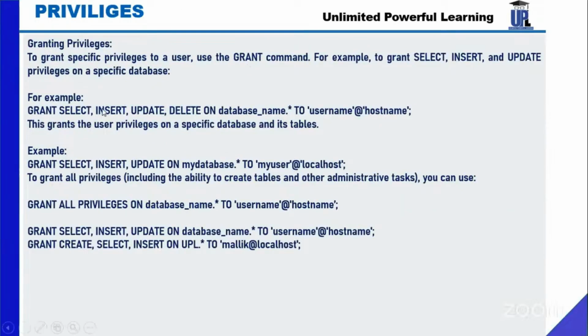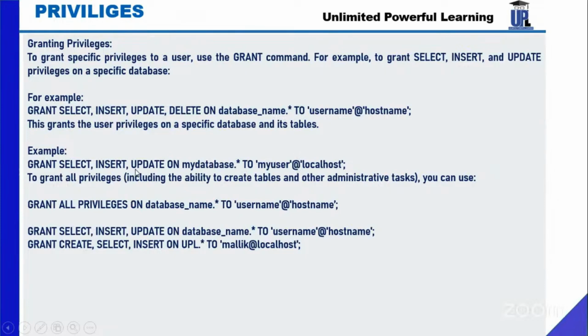Similarly, directly I can say grant select, insert, update, delete on which database to which username. For example, select, insert, update on my database, with star meaning all tables of this database, to this user.